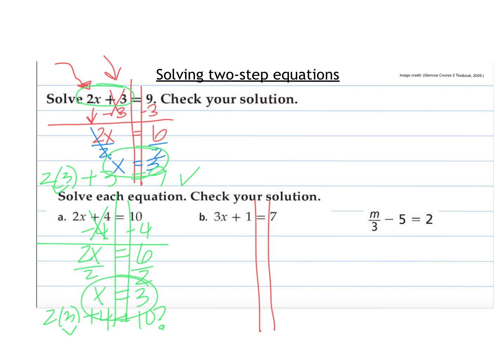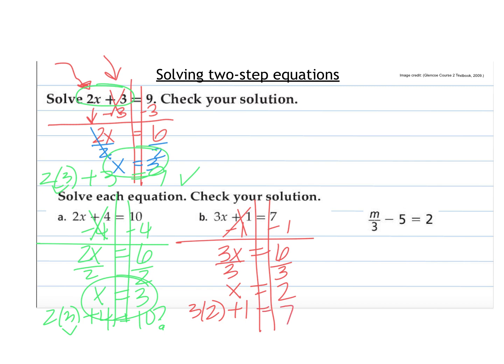The opposite of adding is subtracting, so subtract 1 on both sides. We have 3x equals 6, because that's 0. Divide both sides by 3. X equals 2. Let's put that in. 3 times 2 plus 1 equals 7. 3 times 2 is 6, plus 1 equals 7. So x does equal 2.